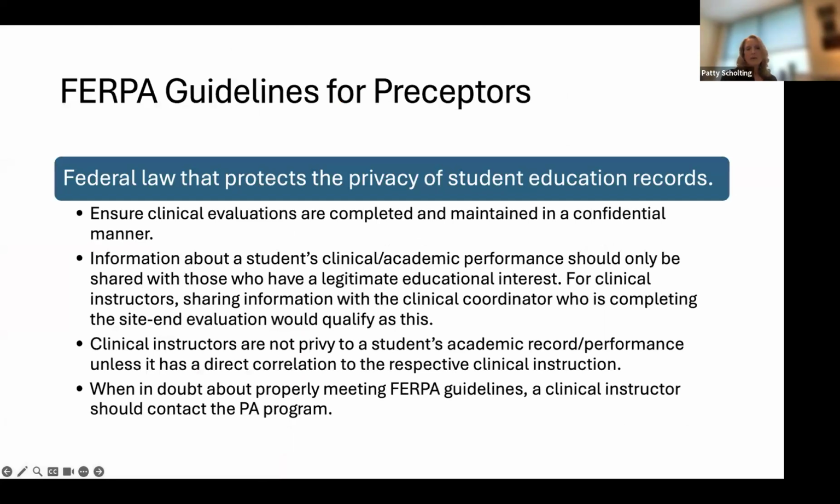Please remember that FERPA guidelines also pertain to preceptors, the federal law that protects the privacy of the student in educational records. Make sure that we ensure that clinical evaluations are completed and maintained in a very confidential manner. Information about the student's clinical or academic performance should only be shared with those who have a legitimate educational interest, and that would be the clinical team at either program in Omaha or Phoenix.